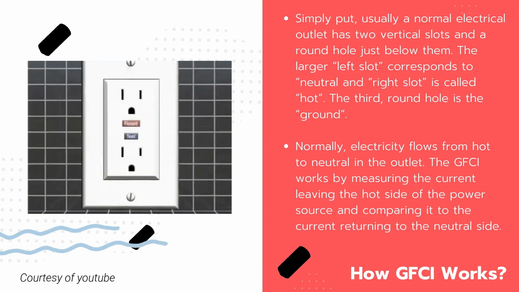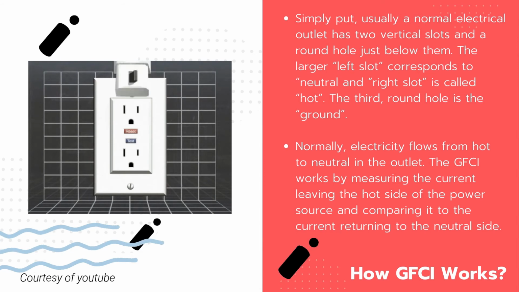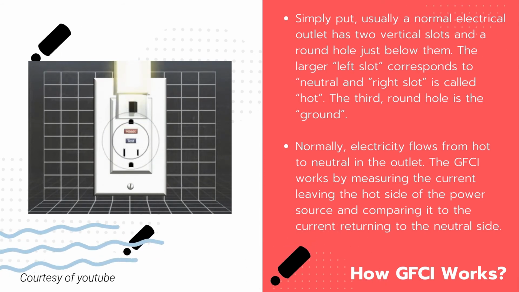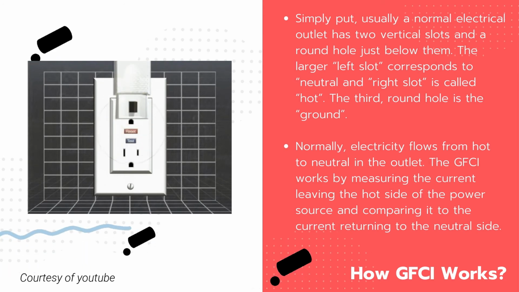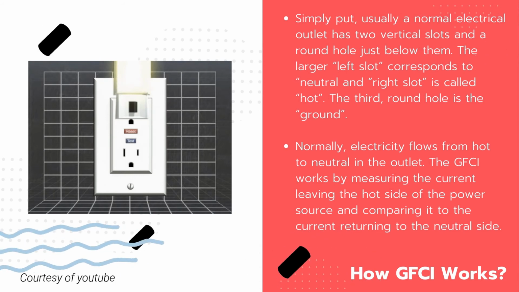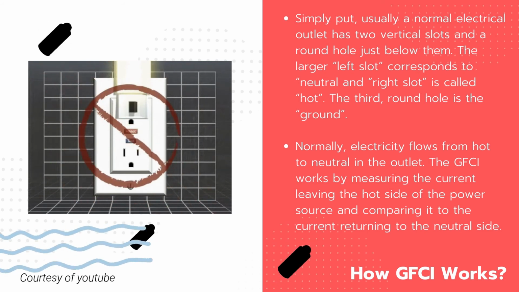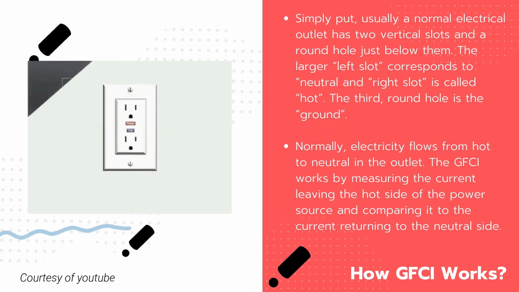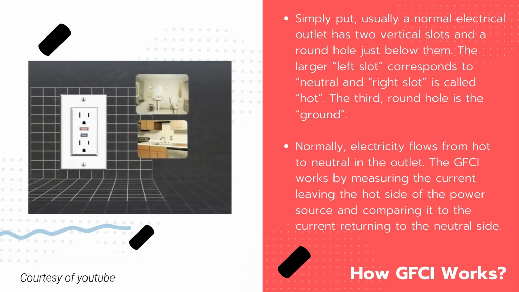If they are not equal, this means that some of the current is flowing along an unintended path, possibly through water or through a person. The GFCI detects imbalance in the current flowing from hot to neutral and quickly cuts off electricity, thus reducing the risk of electrical shock.